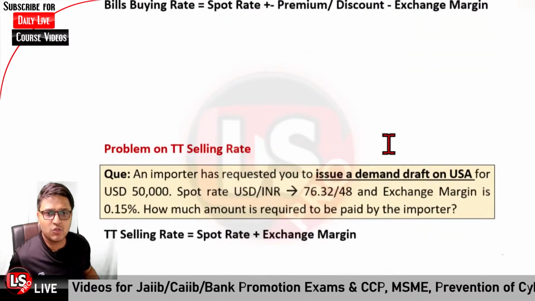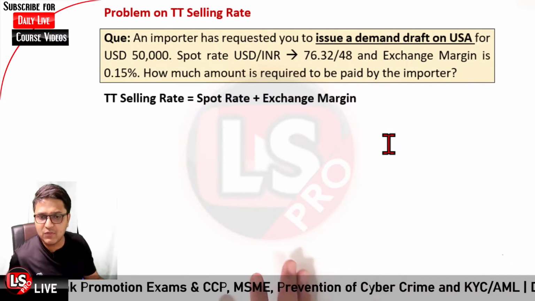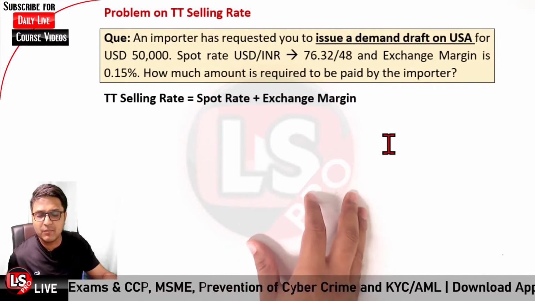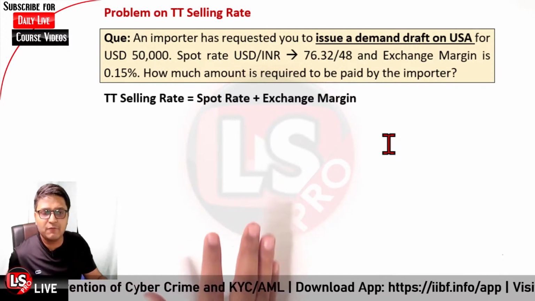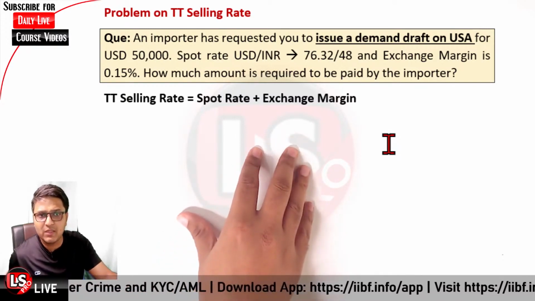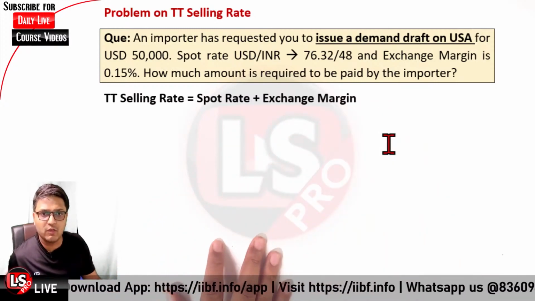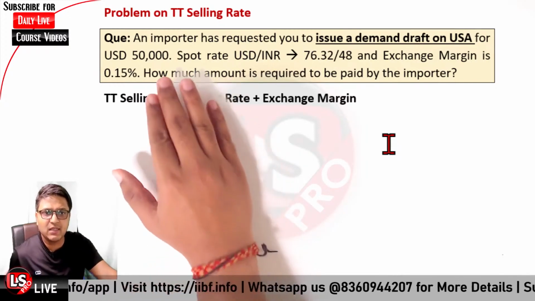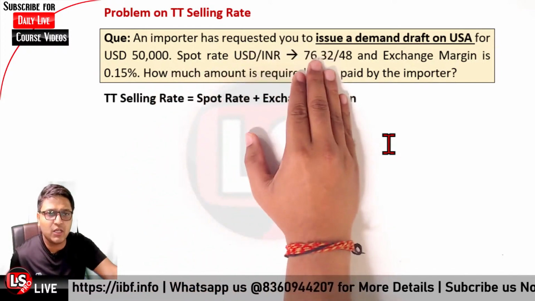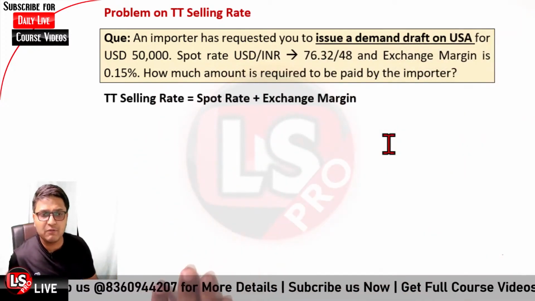Okay, next question, it is regarding the TT selling rate. Now in case of telegraphic transfer, the settlement has already been done. And further the selling cost would be there, so it would be the TT selling rate which we will be using over here. So first of all, let us read the question. It says an importer has requested you to issue a demand draft on USA for USD 50,000.